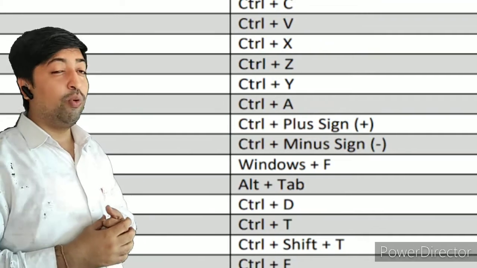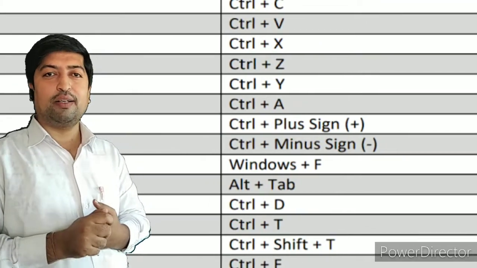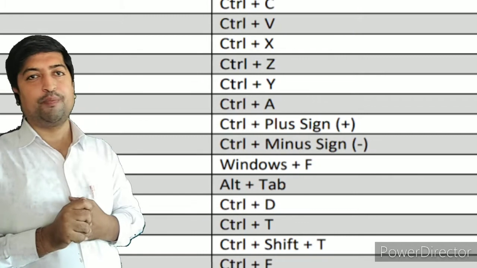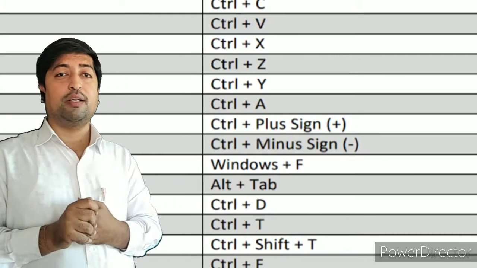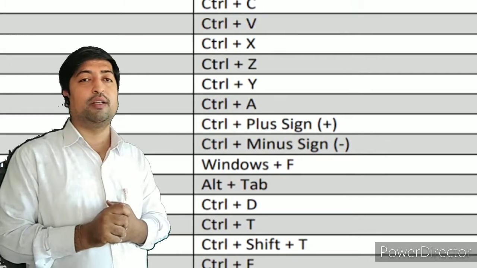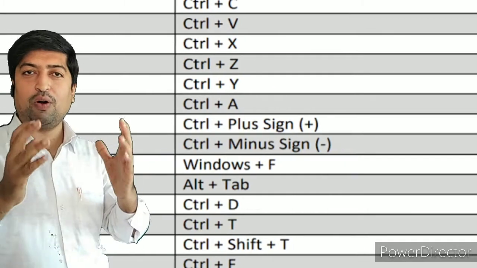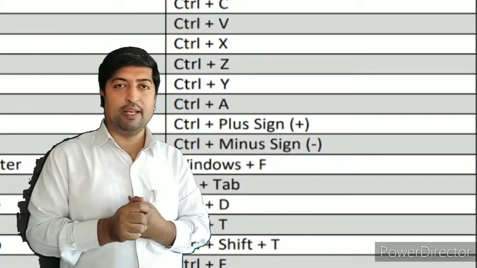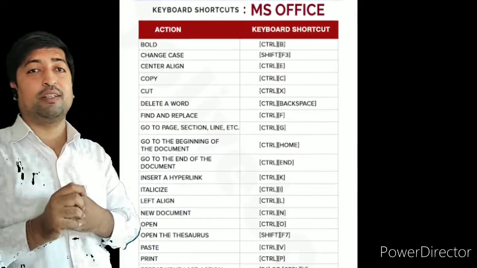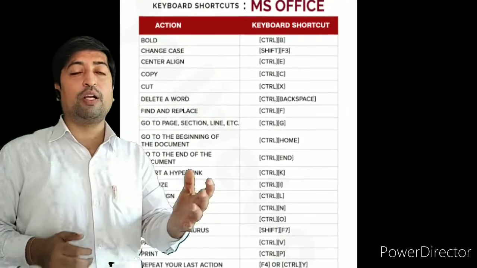Then the most important keys are the alphabet keys. Alphabets of the English language, A to Z. You have already learned in your KG section, in your childhood time.